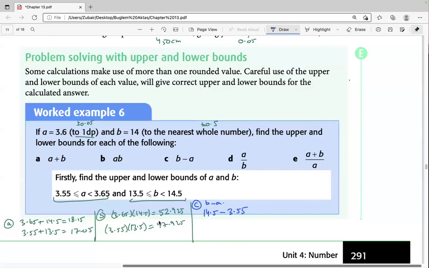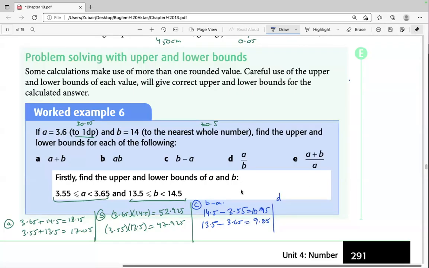And the second one is 13.5 minus 3.65. So that's 10.95, and this is 9.85.